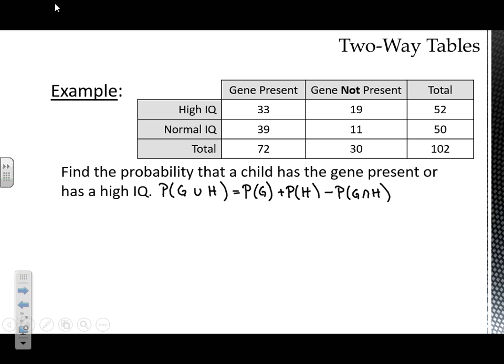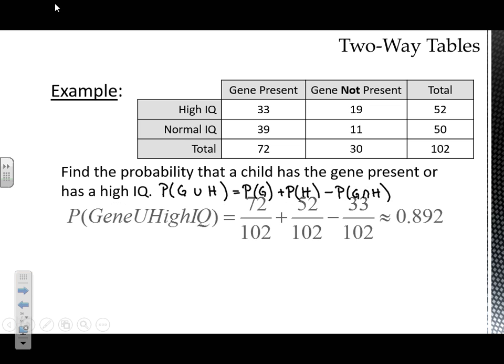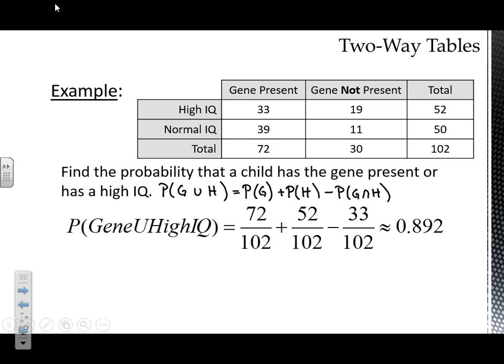Okay, so 33 of the kids had both the gene and the high IQ. So when we go to calculate this out, we have our 72 over 102 plus 52 over 102 minus 33 over 102. So again, you can combine that into a fraction or decimal version 0.892. So if you selected a kid at random, there'd be an 89% chance that they would have the gene or a high IQ.